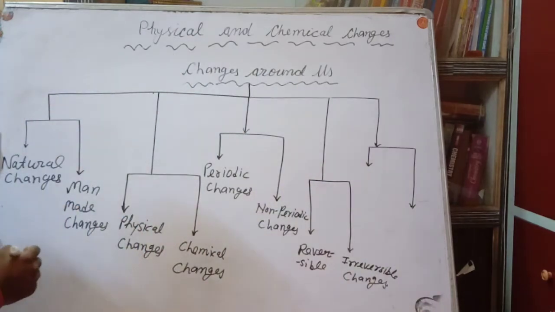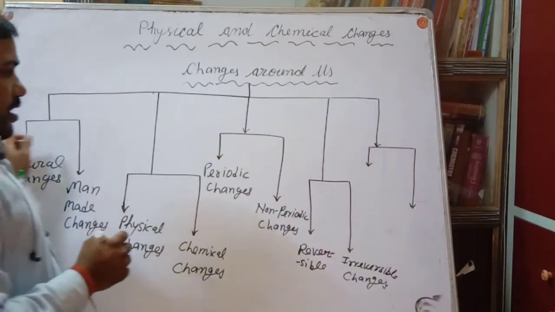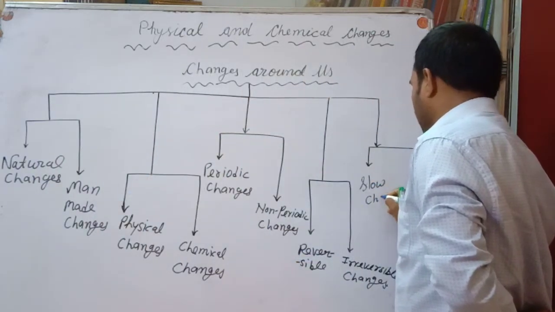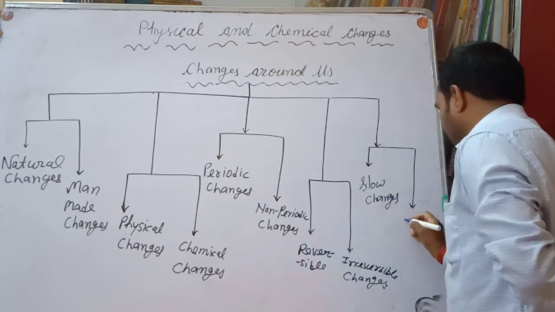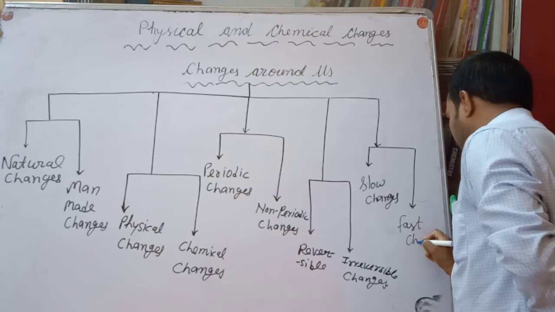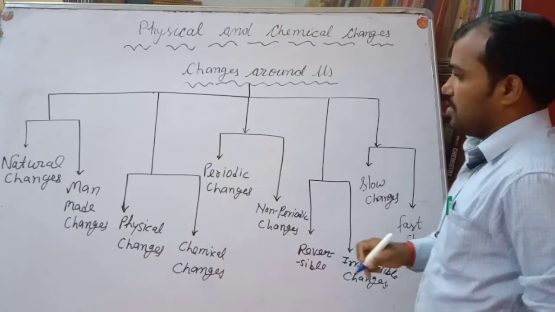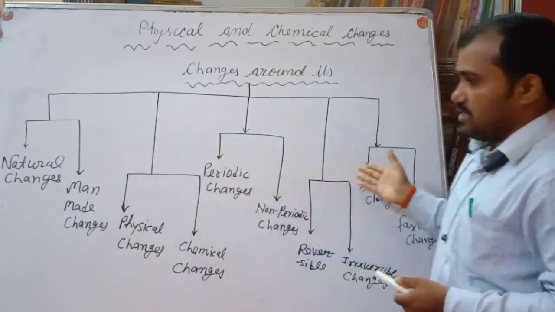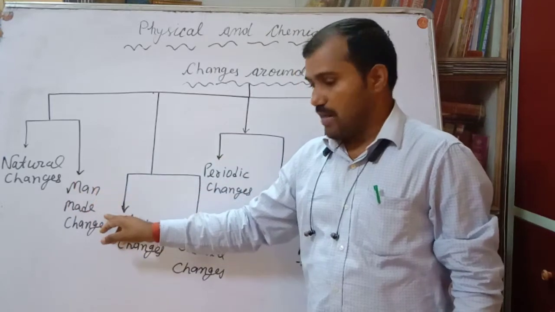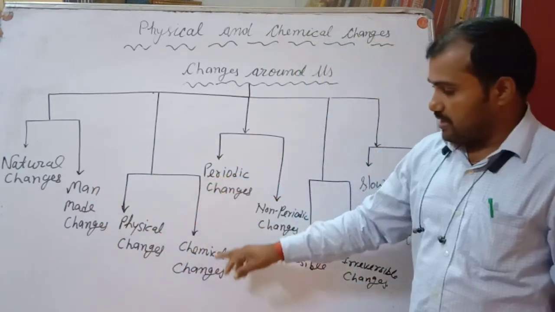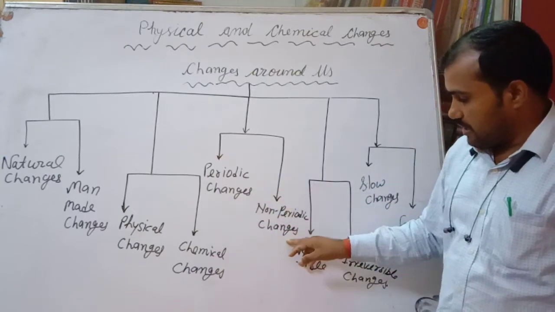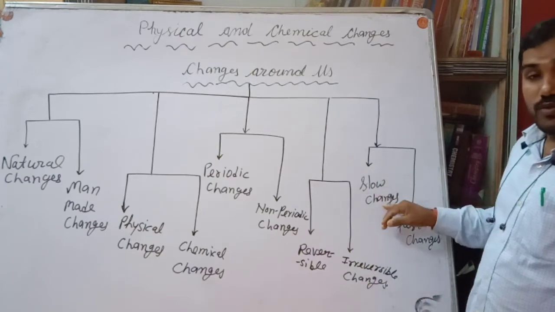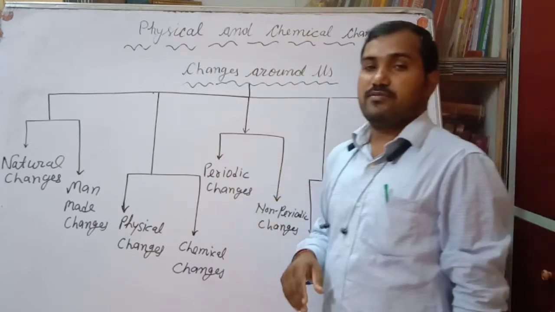And last, slow changes or fast changes. So we can see in our nature these kinds of changes: natural or man-made changes, physical or chemical changes, periodic or non-periodic changes, reversible or irreversible changes, slow or fast changes. These kinds of changes we can see around us.